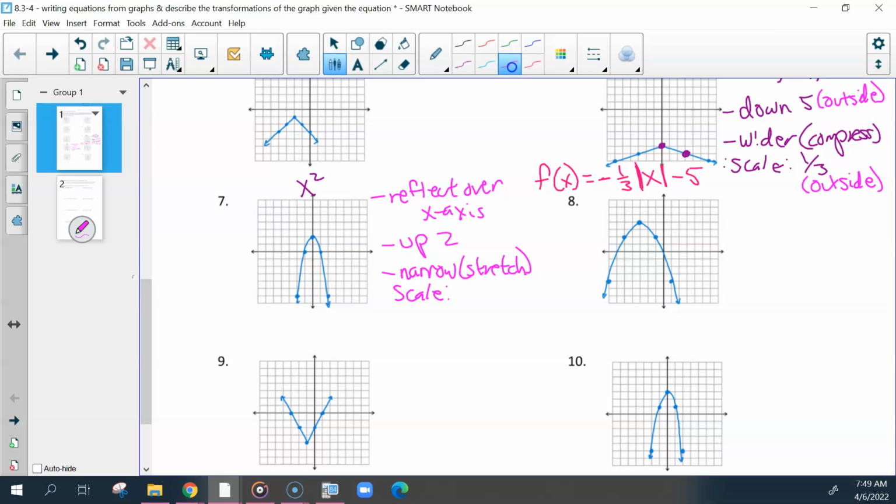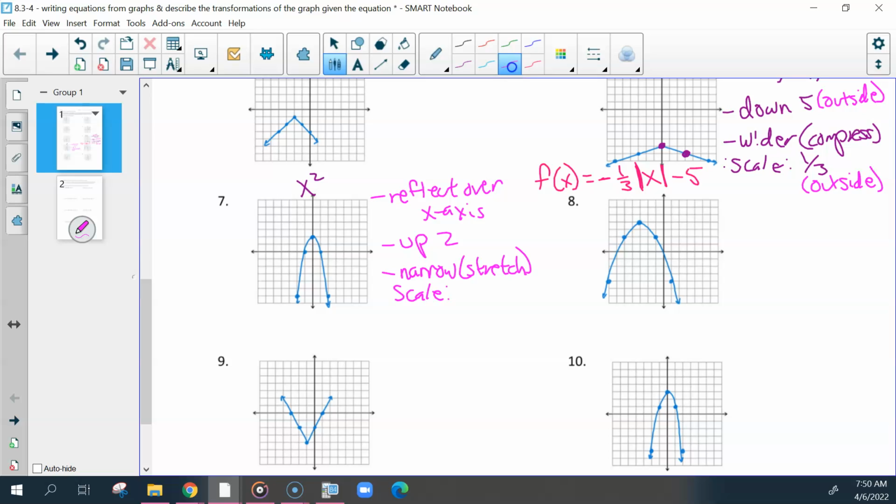For quadratics, to find the scale is a little different. You can look at the difference between the points and compare them to the original. In the original parent function for a quadratic, it goes up 1 over 1 in both directions, and then it goes up 3 over 2 in both directions. The difference between the points is usually 1 and then 3.